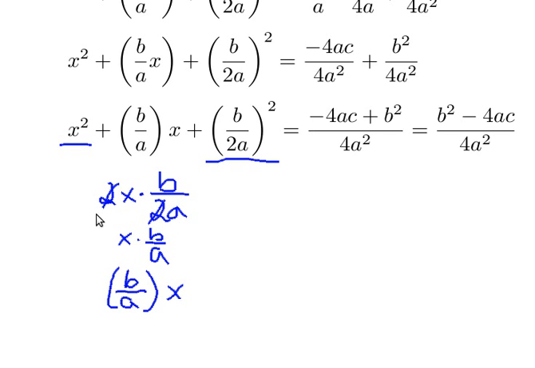So now, since 2 times the square root of the first term times the square root of the last term equals the middle term, what we have is a perfect square, which makes sense because remember that we got this by completing the square.